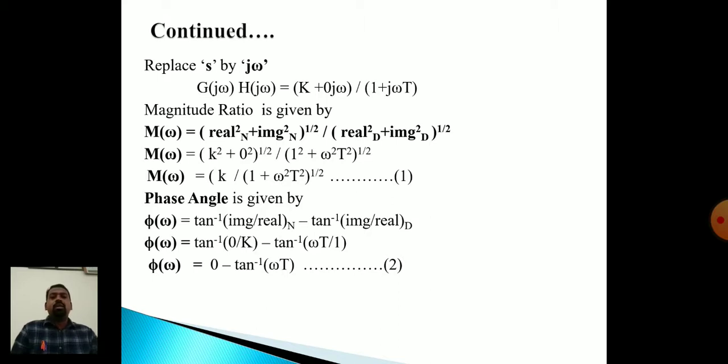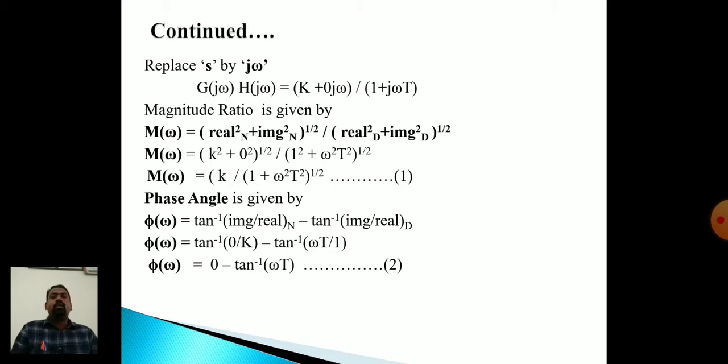Next, coming to the phase angle or phase shift, which is given by φ(ω) equals tan inverse of imaginary by real part of the numerator of that transfer function, minus tan inverse of imaginary by real part of the denominator of that particular transfer function, converted from s to jω.